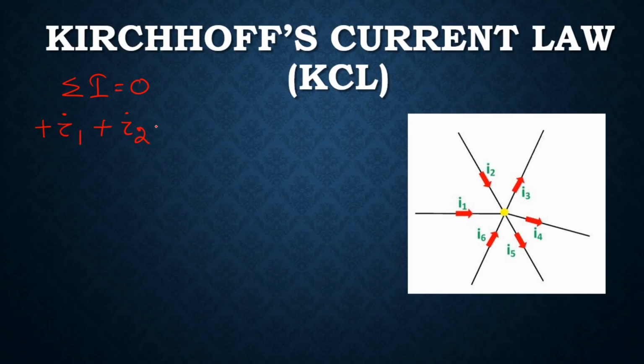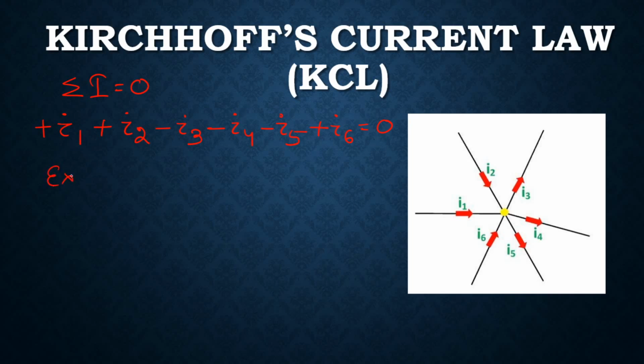The current I3 which is exiting the node or leaving the node will be negative. Similarly, it is for I4 and I5 as they both are leaving the node. Again, the current I6 which is entering the node will be positive. So, according to the formula, I1 plus I2 minus I3 minus I4 minus I5 plus I6 is equal to 0.